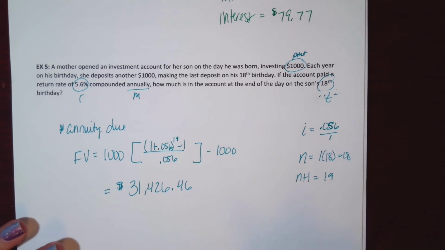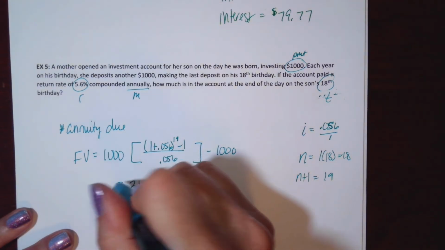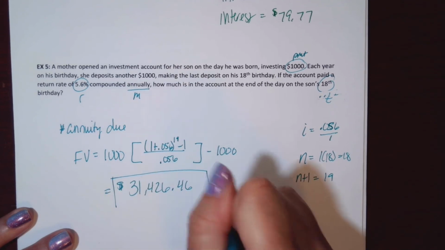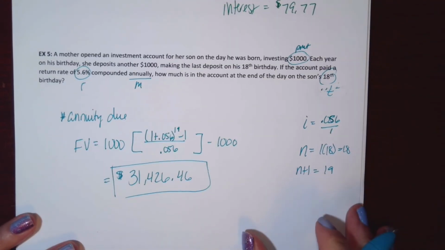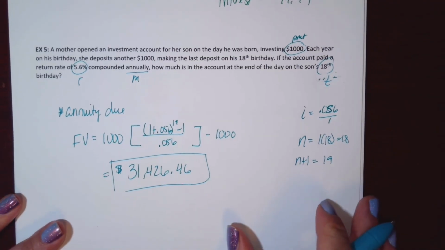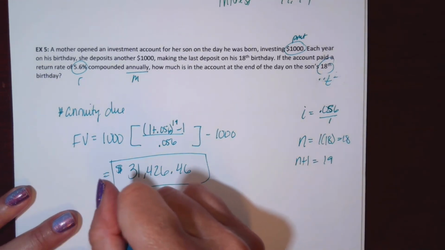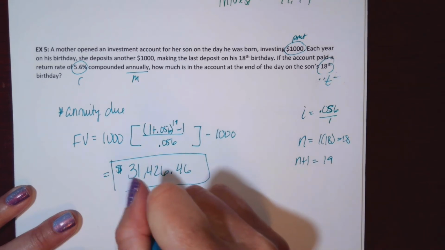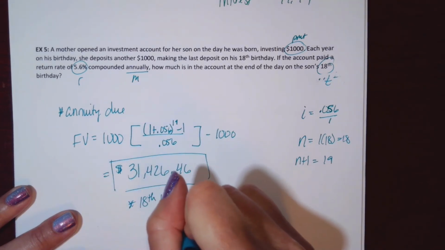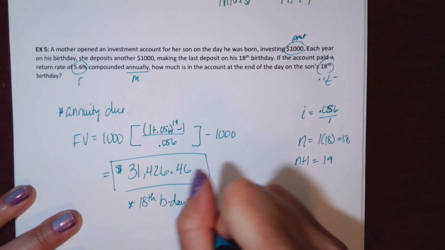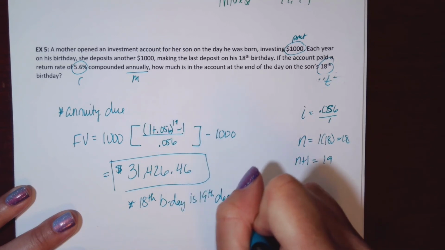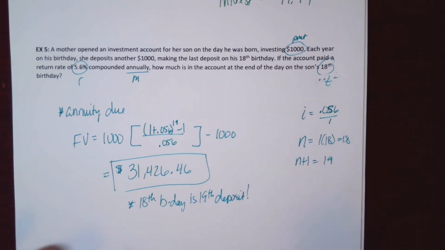Now, the thing is, today is his 18th birthday, right? So today, she made her 19th deposit. So on his 18th birthday, that's the 19th deposit, because the first deposit was made at 0 years, right?